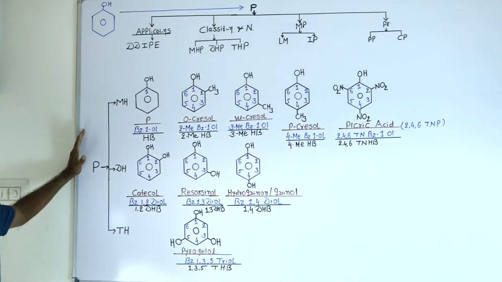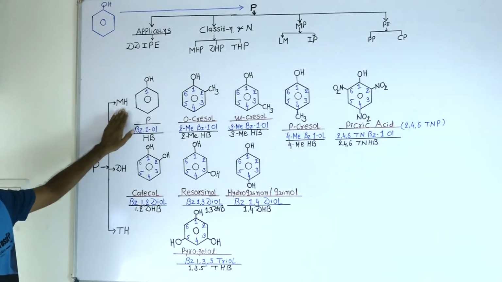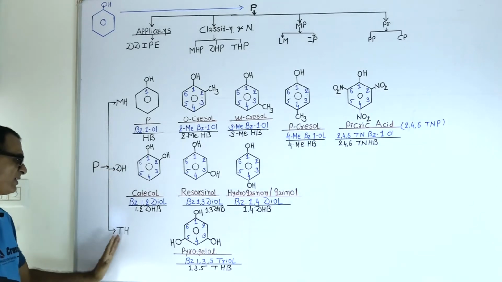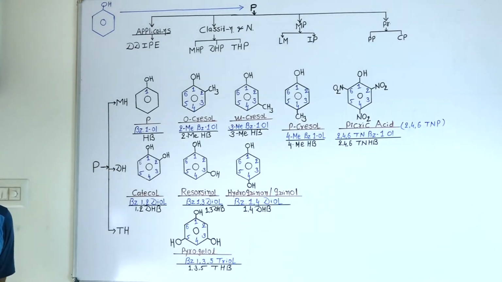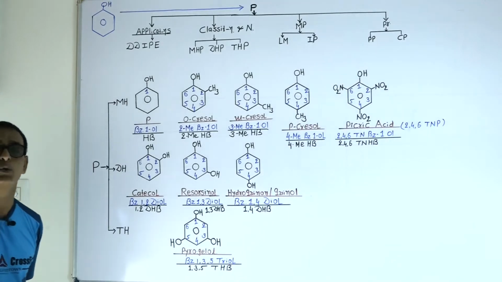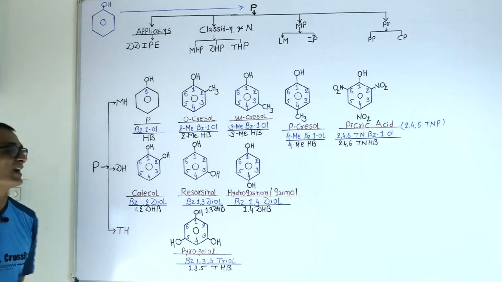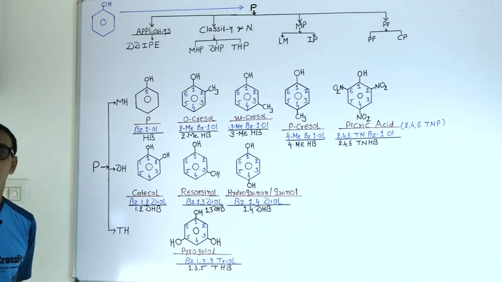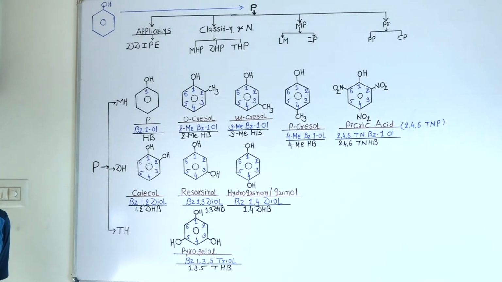Now you see the classification of phenol: monohydroxy, dihydroxy and trihydroxy. A phenolic compound in which only one OH group is directly attached with a carbon atom of the benzene ring is known as a monohydroxyphenol.